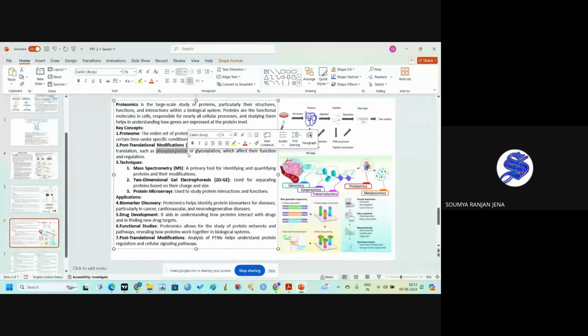Glycosylation, the addition of a sugar moiety to a protein, is also an important process. Then we can study whether phosphorylation occurs or not, whether glycosylation occurs or not, because these are required for our cell. They affect function and also regulation, and this also controls the function and regulation of the cell.